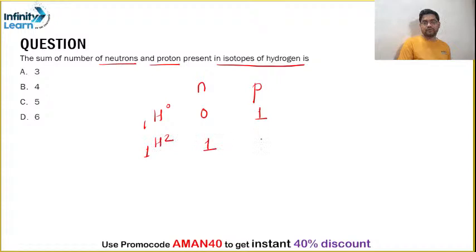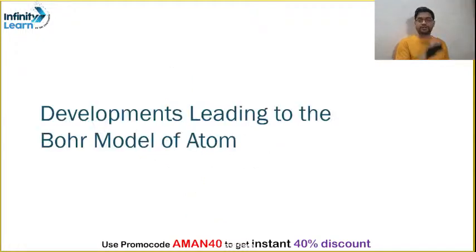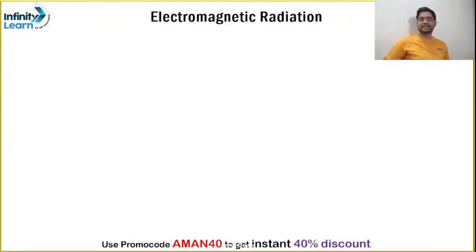Then 1 neutron, 1 proton. Then 2 neutrons, 1 proton. Sum of neutrons and protons: 3, 3 plus 3 is 6. 6 is the right answer. Clear? Sure.